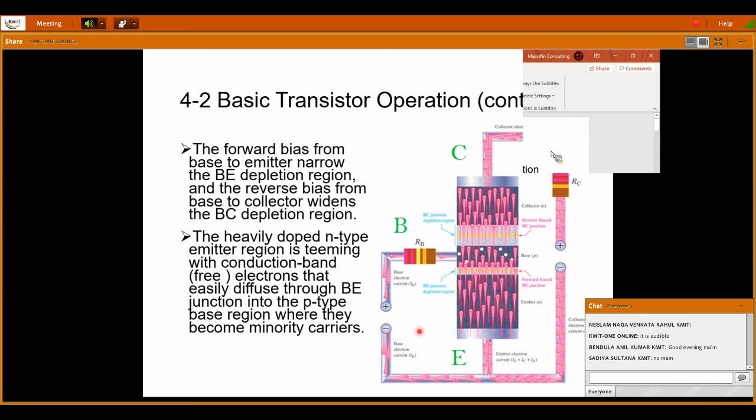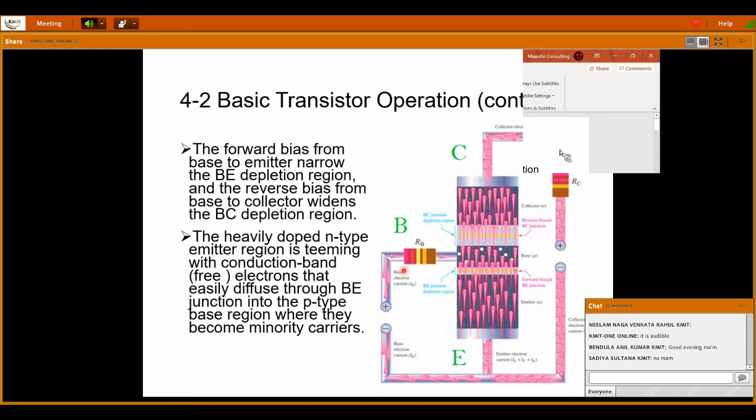Now, in order to protect your base region as well as your collector region, we use series resistances RB and RC. These require only a very small amount of voltage, but due to supply fluctuations it might damage your device.